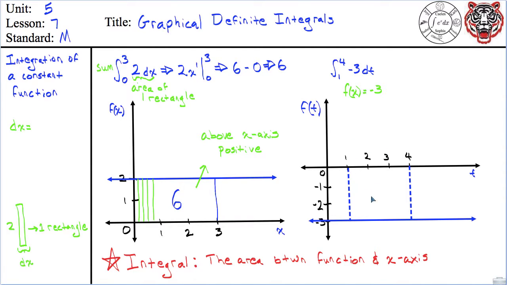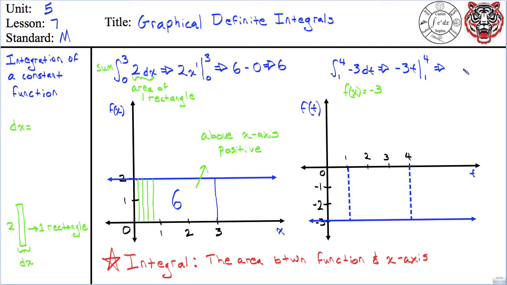And before you shout out, oh, geometrically it's height times base, let's go ahead and look at this analytically. So if I'm taking the antiderivative analytically just with the equation, this is going to turn into -3t evaluated between 1 and 4. All right, so when I substitute this in, I'm going to sub in 4 first.